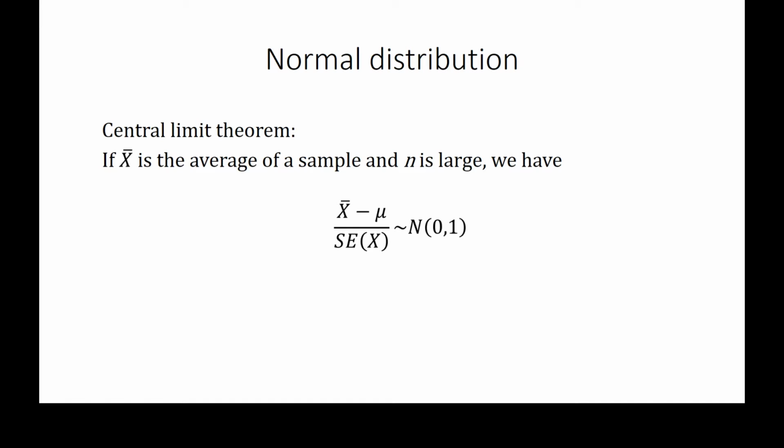If we have enough observations in the sample, the mean is going to be normally distributed. The formula says that the sample mean minus the true population mean divided by the standard error of the sample is normally distributed with mean 0 and standard deviation 1. And like mentioned, this is called the standard normal distribution.